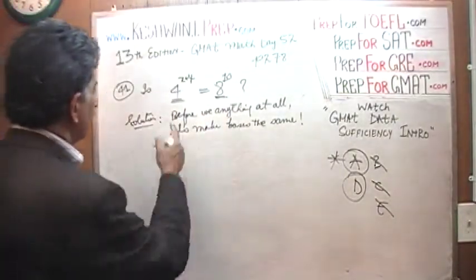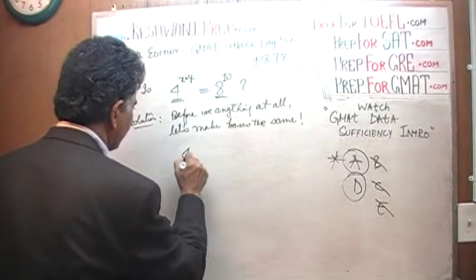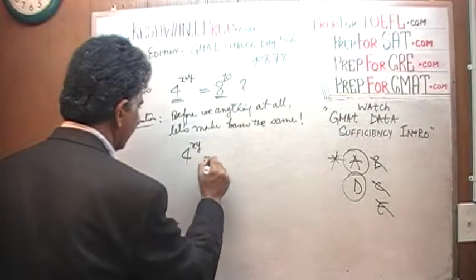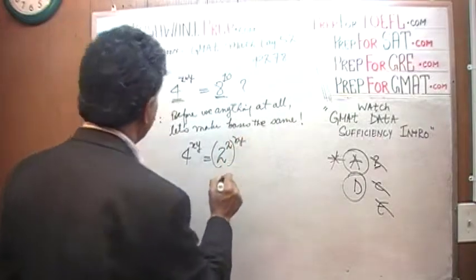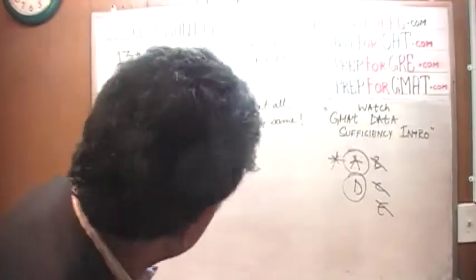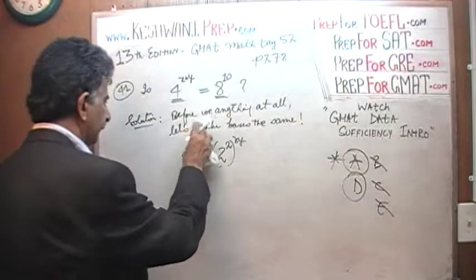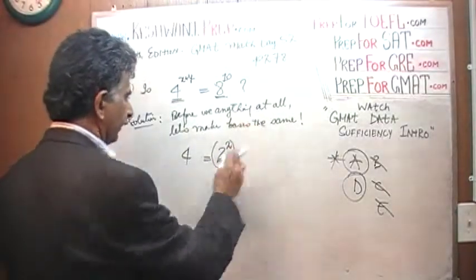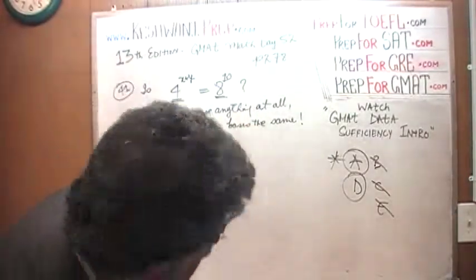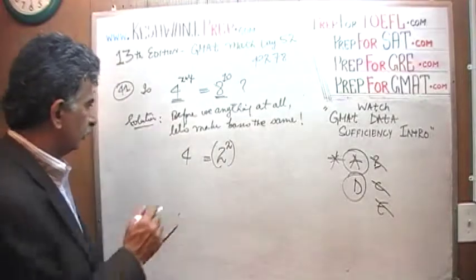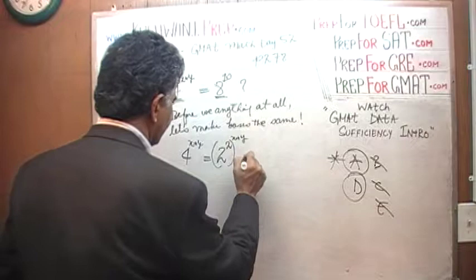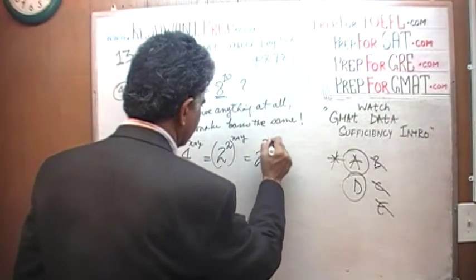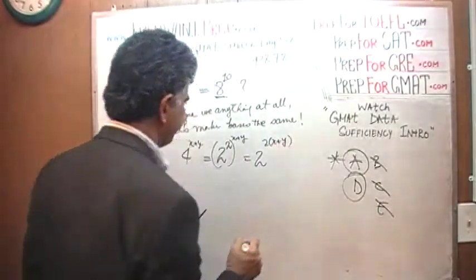So, 4 raised to x plus y can be written as 2 raised to 2 times x plus y. We can write 4 as 2 squared, and here we have x plus y, so this is the same as 2 raised to 2 times x plus y.